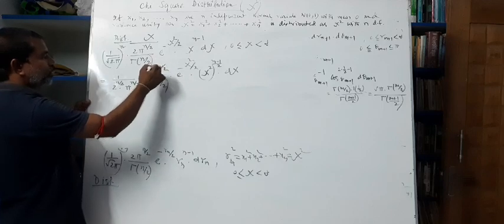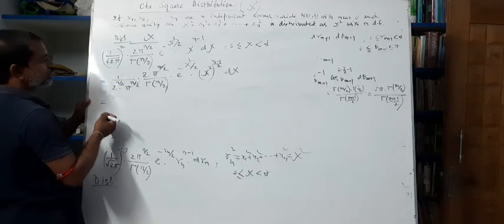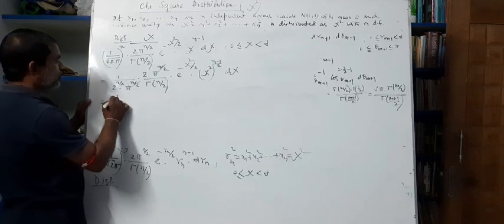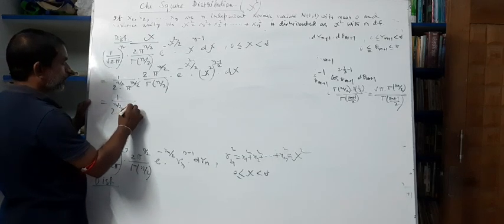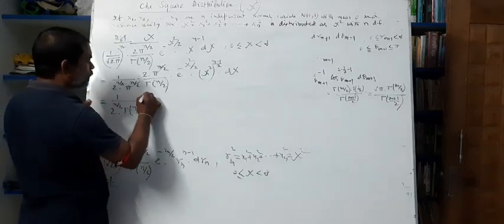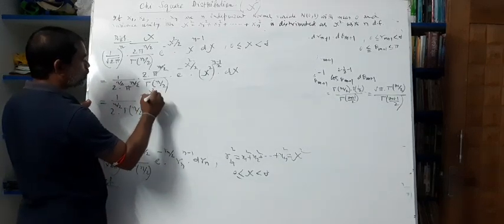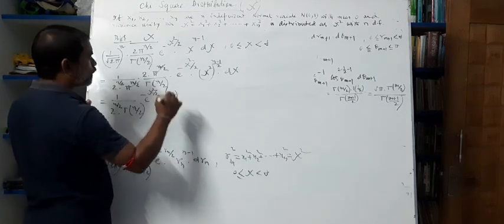Then pi to the power n by 2 and pi to the power n by 2 cancel these two. We have 1 by 2 to the power n by 2 gamma of n by 2 e to the power minus chi square by 2 into chi square to the power.